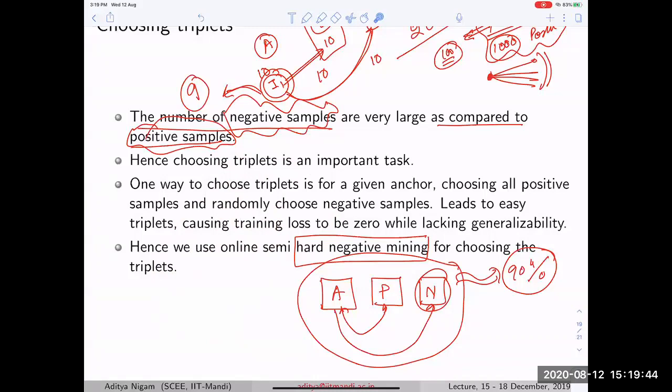Hardly, you are going to get very few images in which a cat seems very similar to a dog, and that is actually a hard negative. You want to get a negative which is really hard, which essentially means that this guy is looking very similar to this guy. If you can get that negative sample and get the loss for that and back propagate using that loss, that is going to create the best possible output for you.